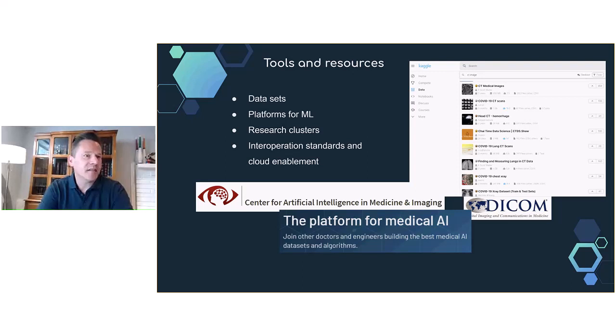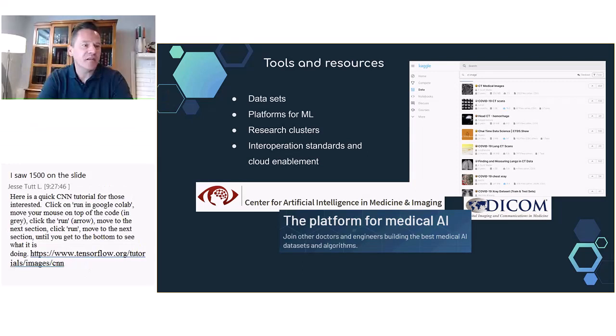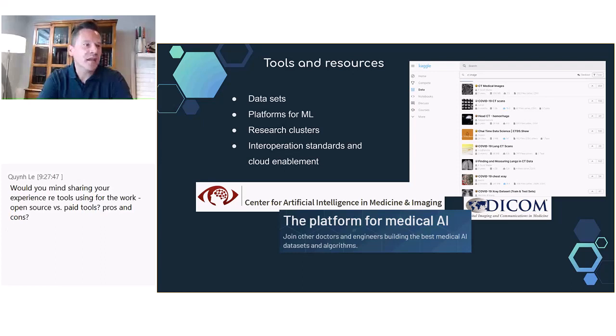Some of the platforms available out there are getting quite advanced as well, and a lot of this is being open sourced. A few of the research clusters, like Stanford, which has its own AIMI, the Artificial Intelligence in Medical Imaging group, are publishing pretty much everything freely and open source to the cloud.